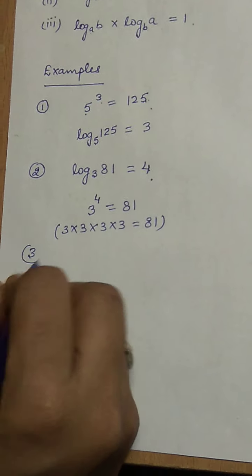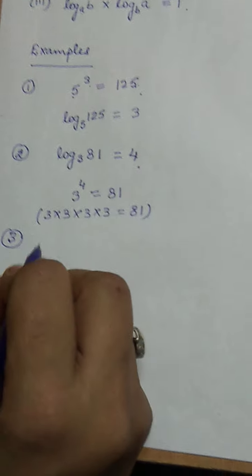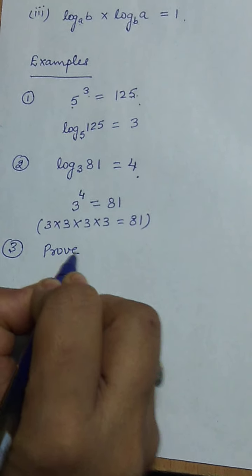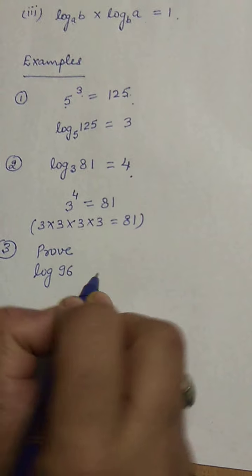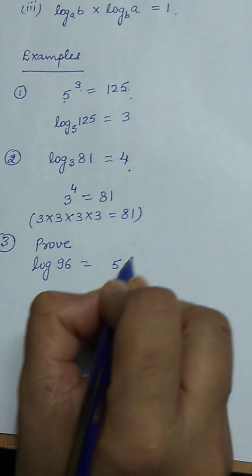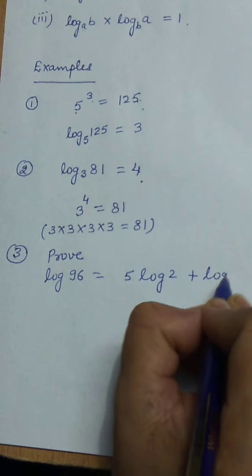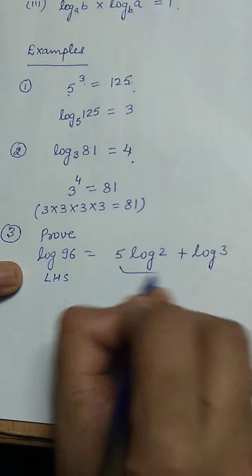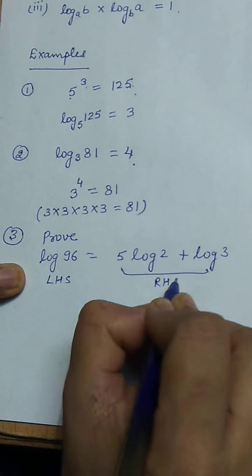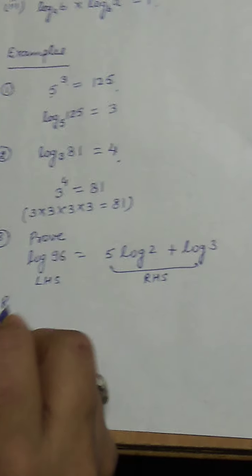The third example we will take here is: prove that log 96 is equal to 5 log 2 plus log 3. This is LHS, this is RHS. We have to prove this. Okay, we take RHS.